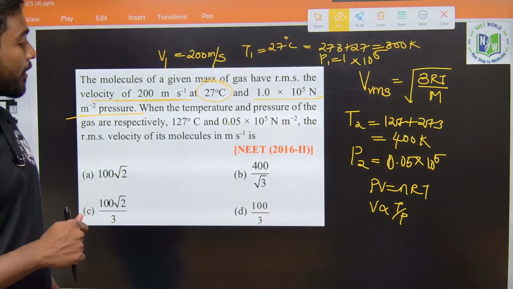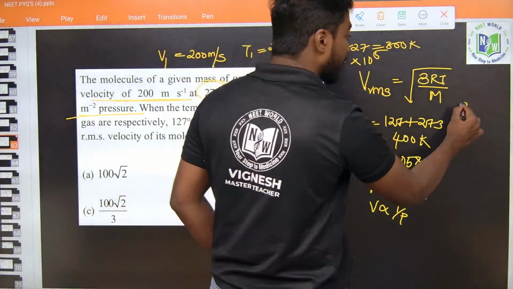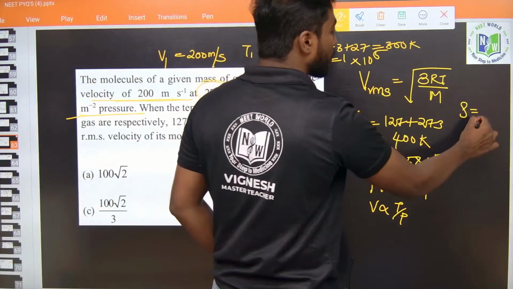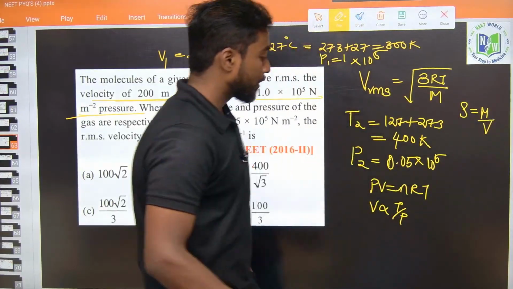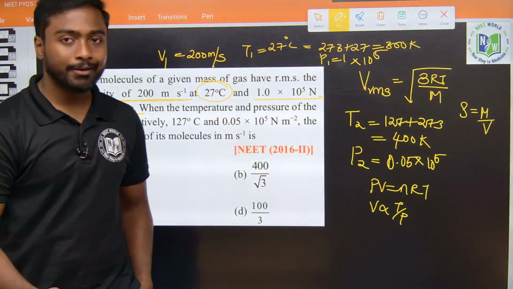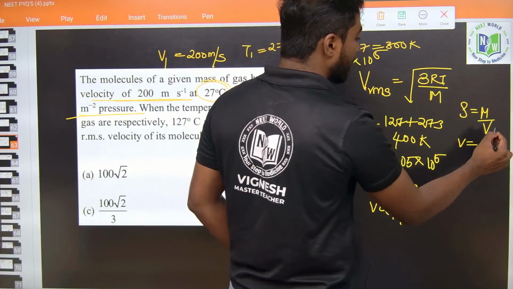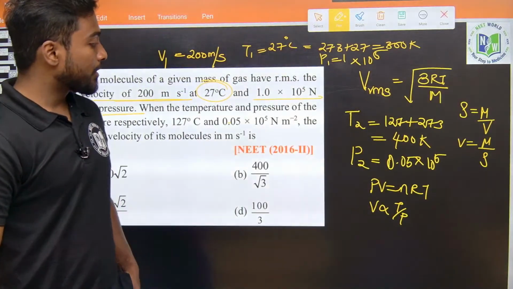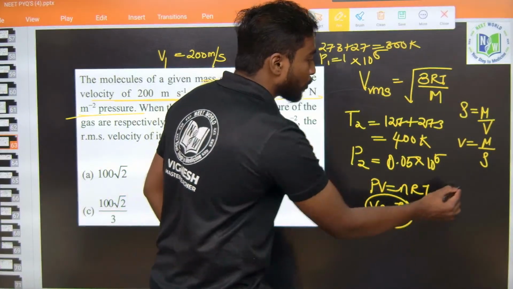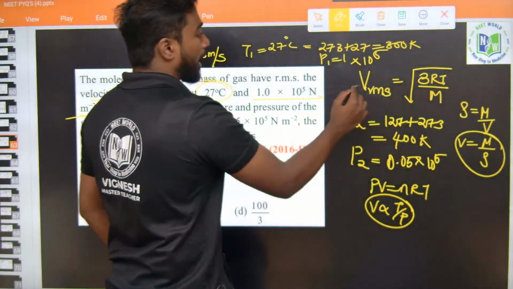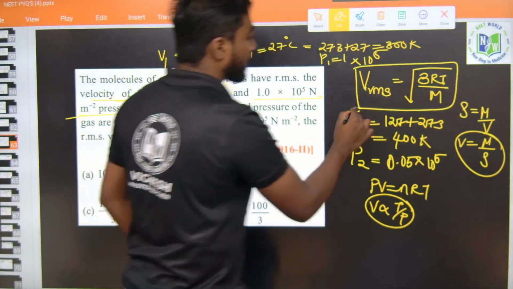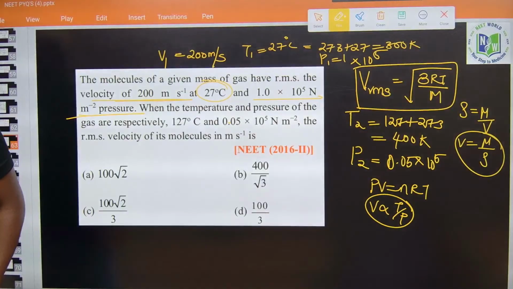One more thing is we know the relation between density, volume and mass. Density equals mass by volume, where volume will be equal to mass by density. So by using these two relations, can I write the equation for the question?